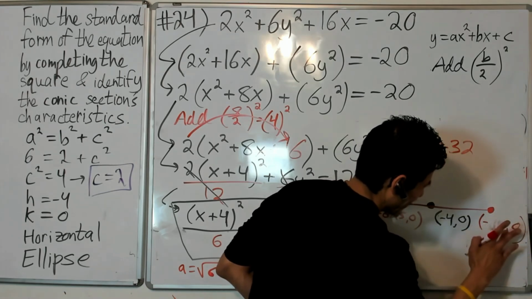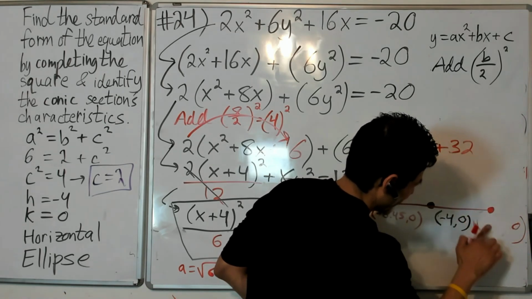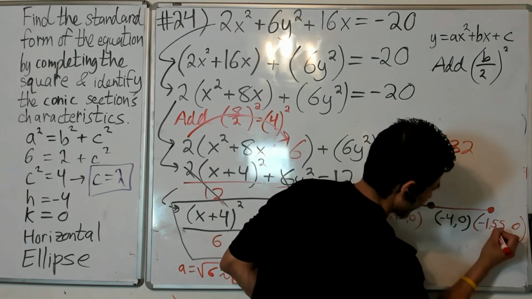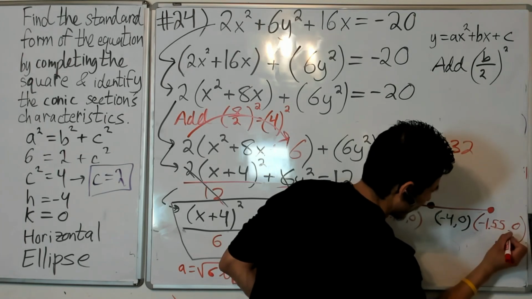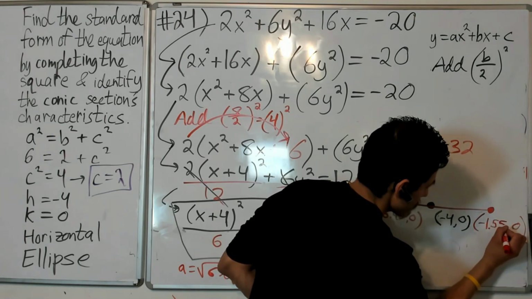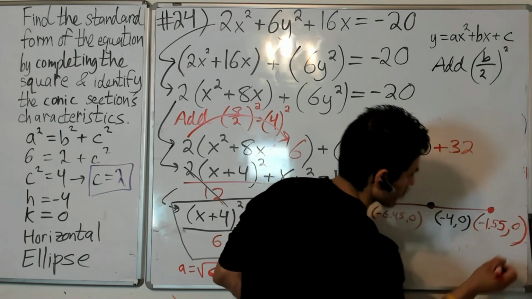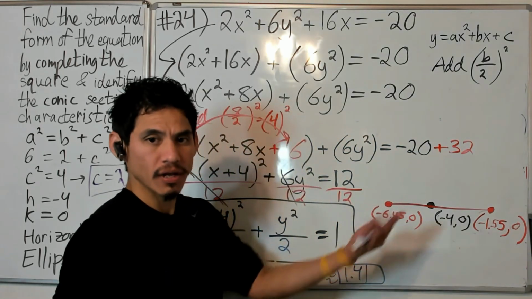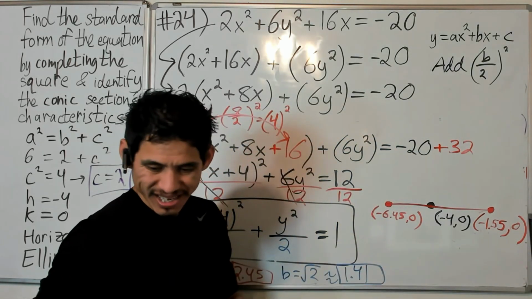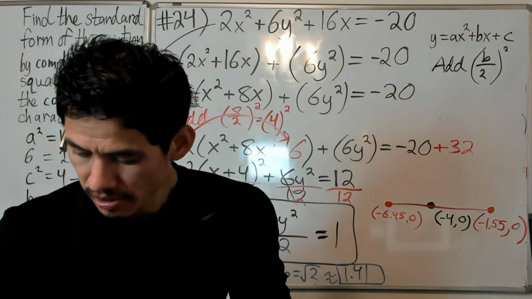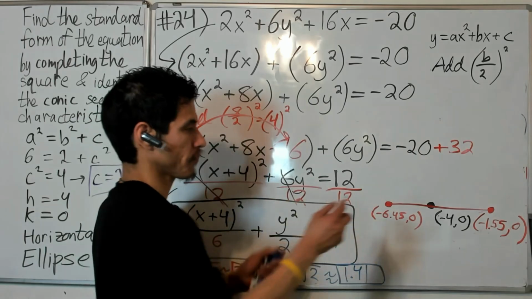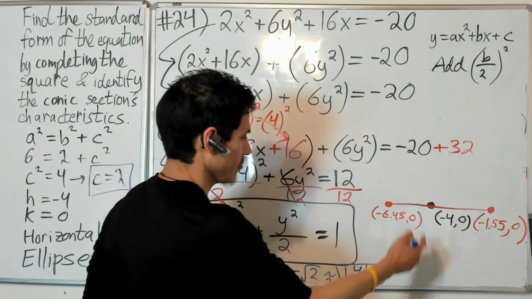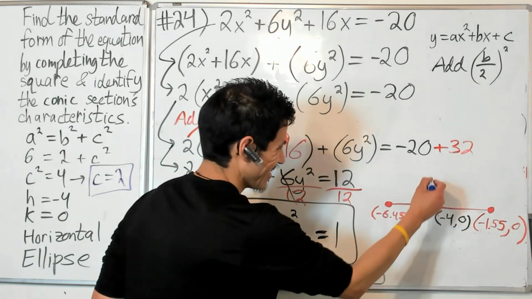Weird parentheses. And then I switch to my blue marker, and I go above and below this point to get to my co-vertices.